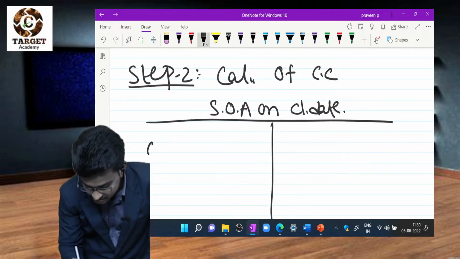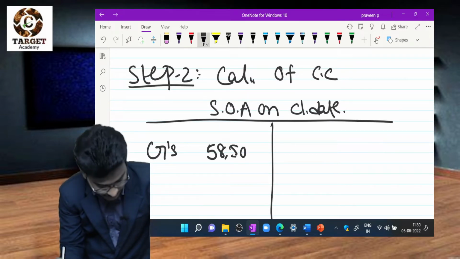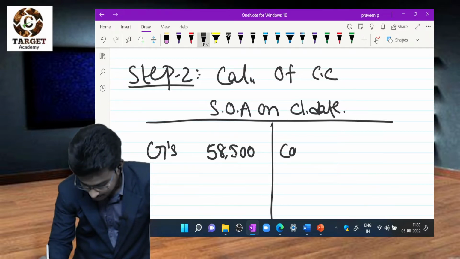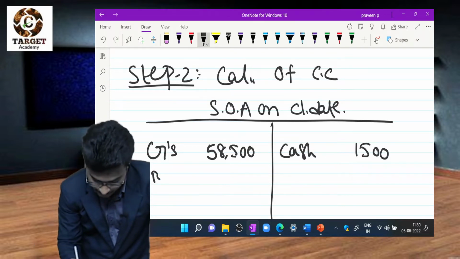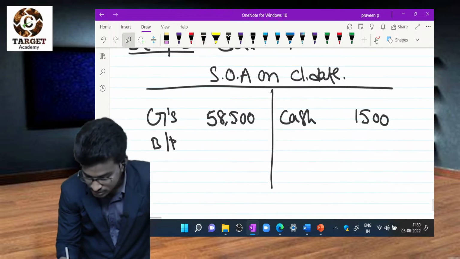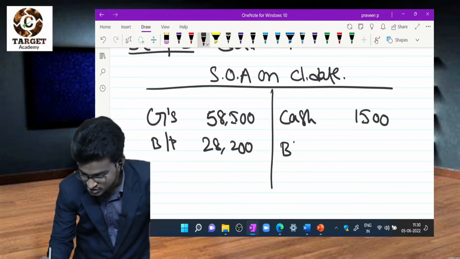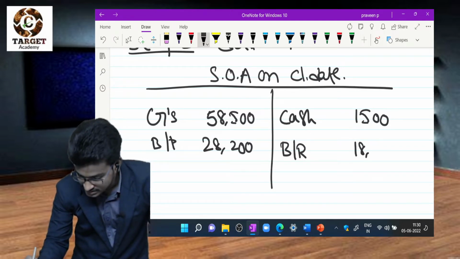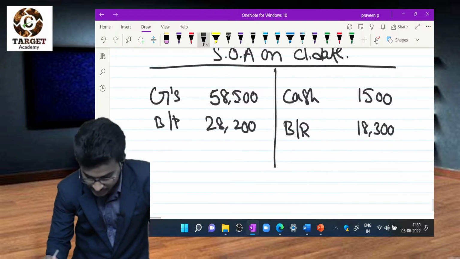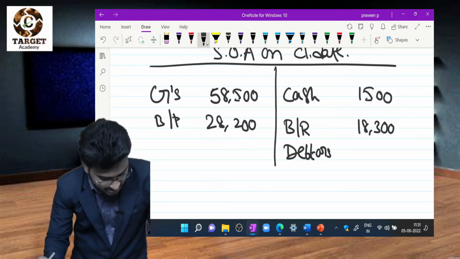Creditors first. Creditors 58,500. Next, cash 1,500. Bills payable 28,200. Bills receivable 18,300. Debtors, same as previous one.